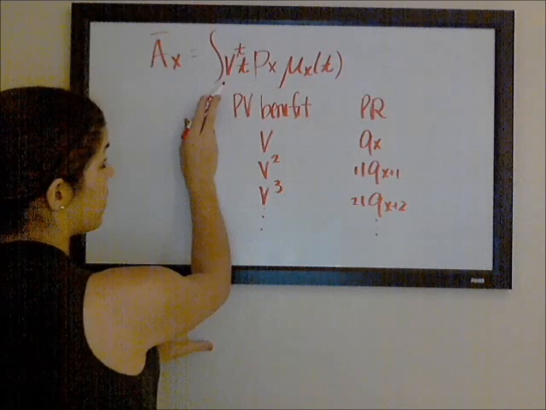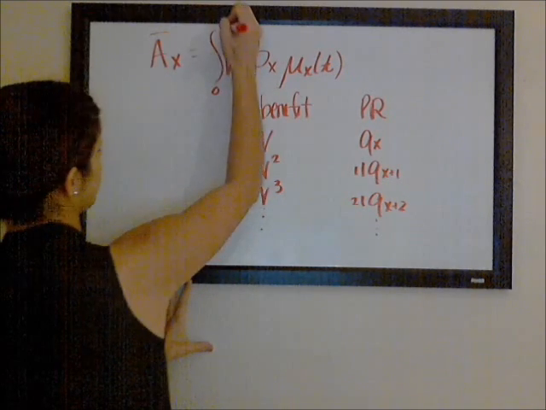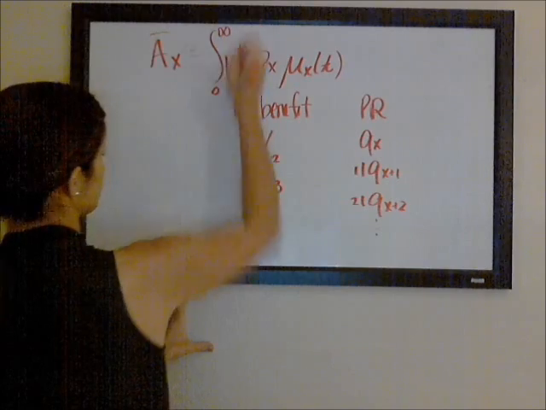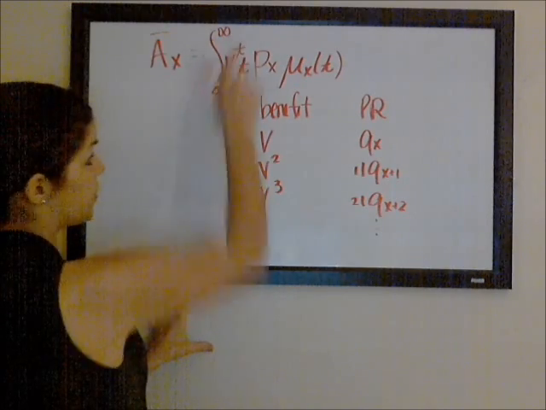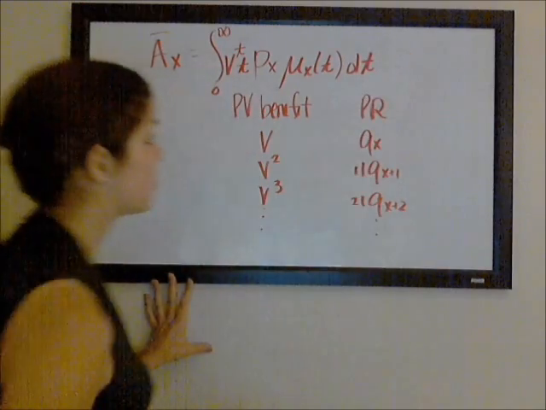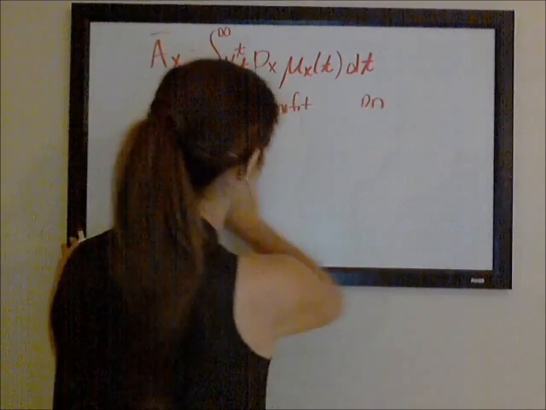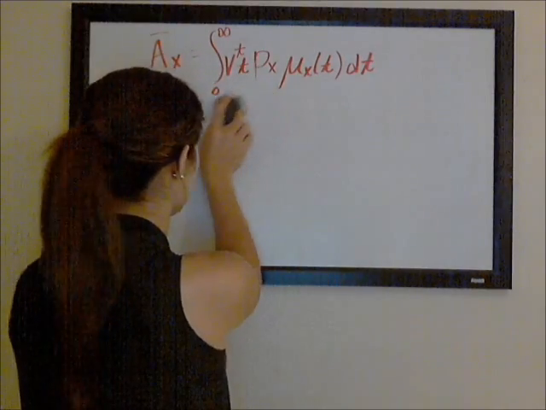We're adding up all these possibilities over the future lifetime of x. Since it's a whole life insurance, it's going to go from 0 to infinity. And we're integrating that with respect to t. Okay, that was a little side note, I suppose.